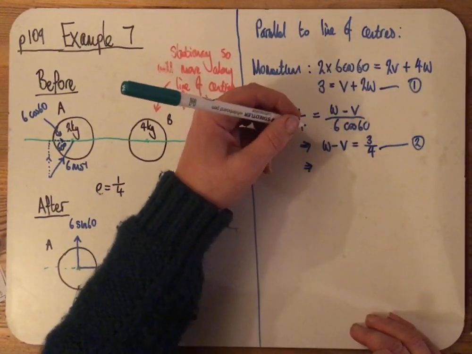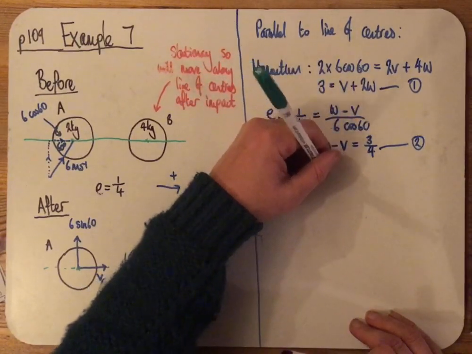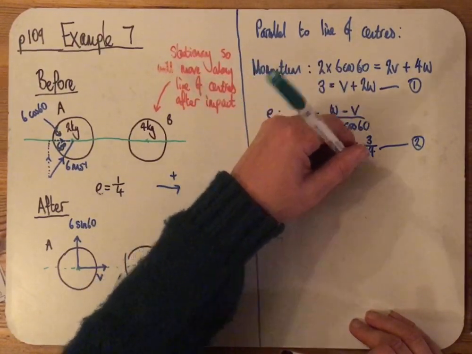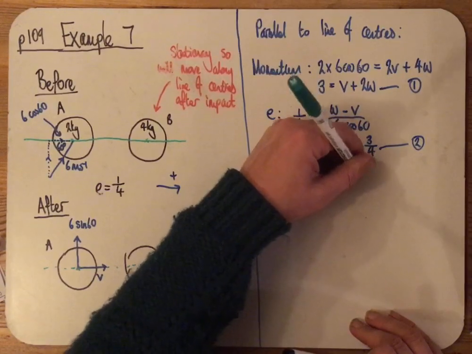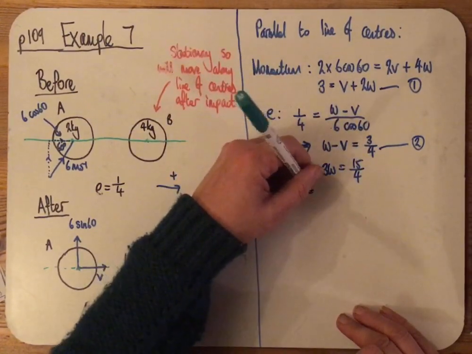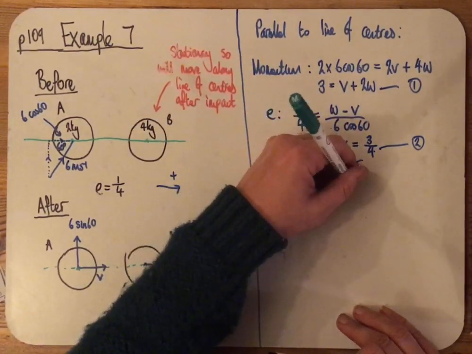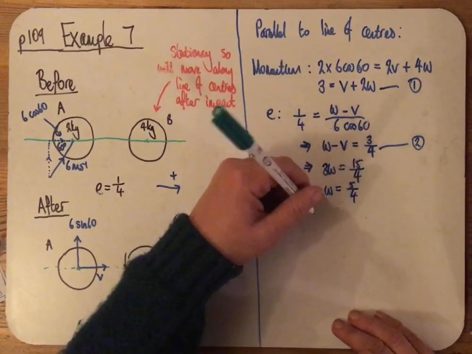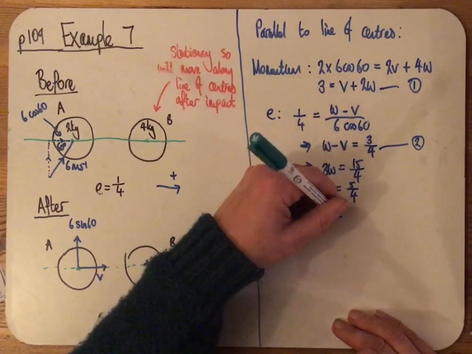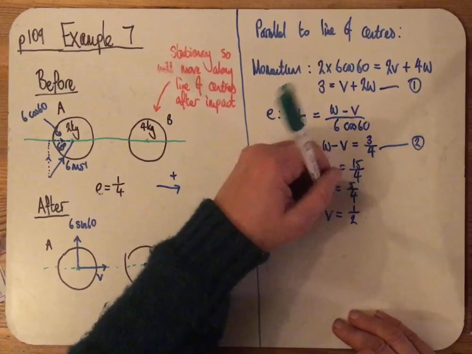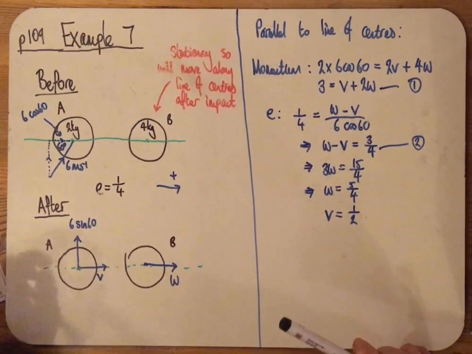So adding those, I get 3W is equal to 15 over 4. W equals 5 over 4. And V then comes out as being 1/2, but you just need to work through that.